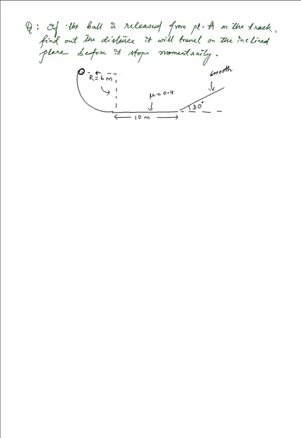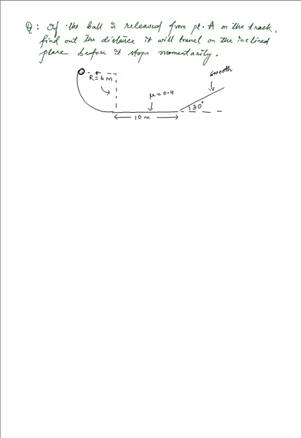And then you have a plane, straight, horizontal surface at the bottom, which runs 10 meters, but with a friction coefficient of 0.4 between the ball and the surface. And then you have the incline at an angle of 30 degrees, and that is smooth, with no friction associated with it. So in order to solve this, we proceed as follows.